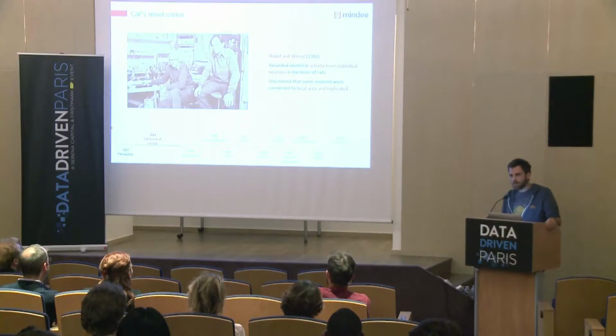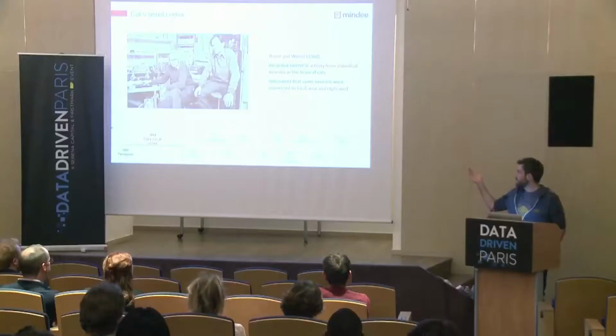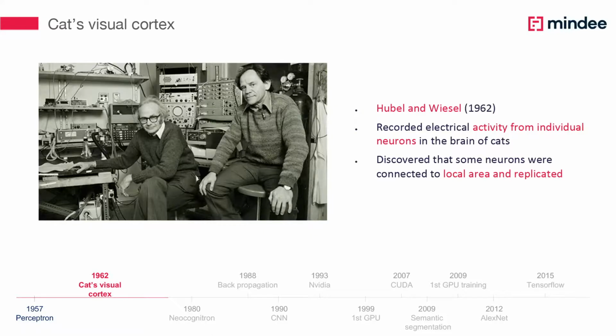And a few years later, in 1962, nothing to do with the perceptron, Hubel and Wiesel were two people working on the visual cortex. They wanted to know what happens in the neurons of the visual cortex when you see something. So they plugged electrodes on the brain of living cats, and they were showing them patterns of images, different shapes, different brightness, and so on.